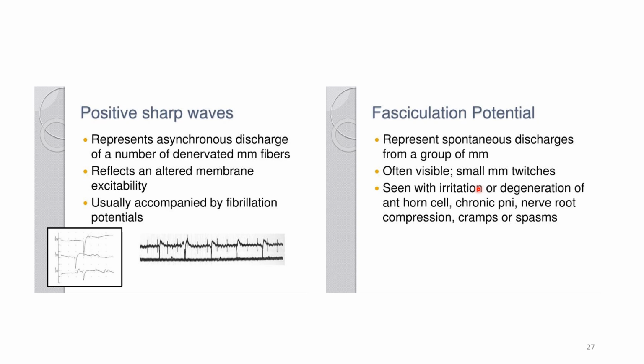These are visible with our naked eye, seen as small twitches in the muscle. It is seen with the irritation or degeneration of the anterior horn cell, and it may be because of chronic pain, nerve root compression, cramps or spasms. So this is called fasciculation potential.